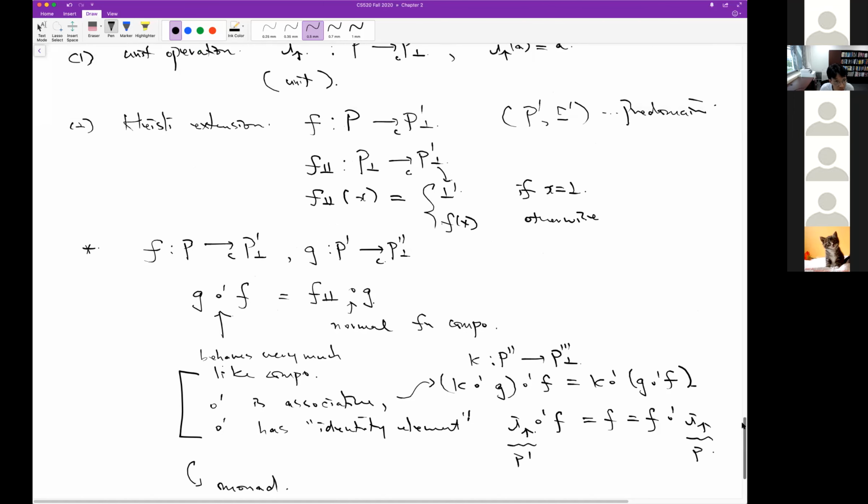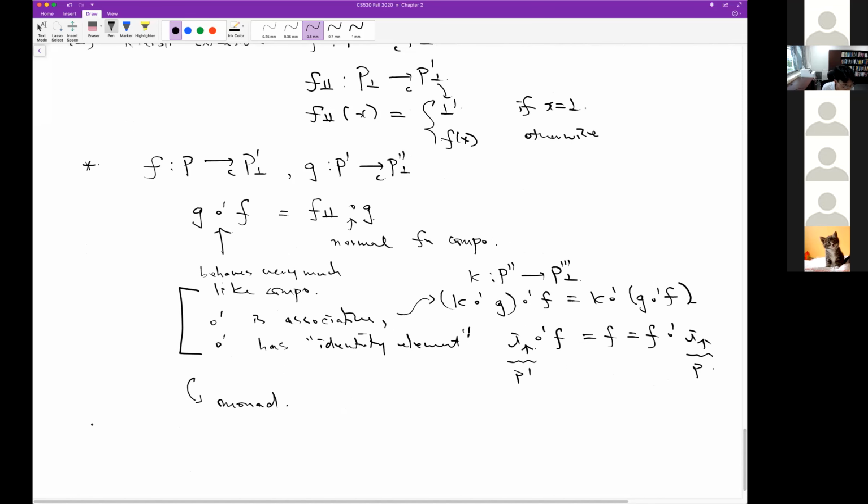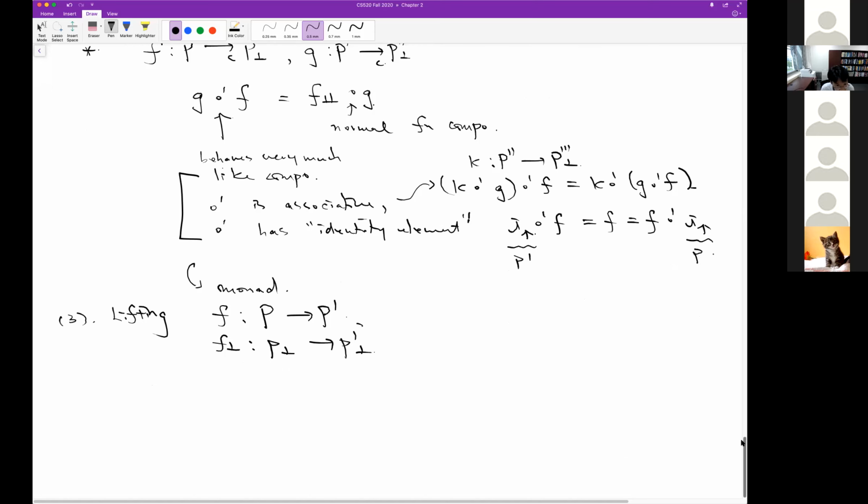Okay, so yes, there's one more thing. The third operation is, maybe you can just say, pure lifting. The first one is Kleisli lifting, then pure lifting. In this case, if we have a function f, a continuous function that goes from P to P prime, we write it like f bottom, which takes P bottom to P prime bottom. And the definition is very similar to the one before.